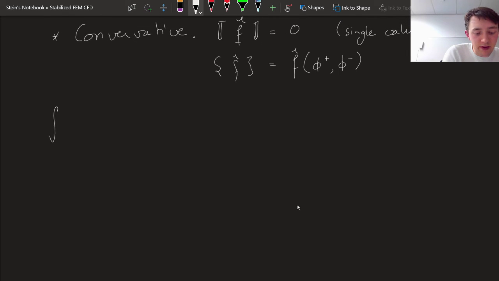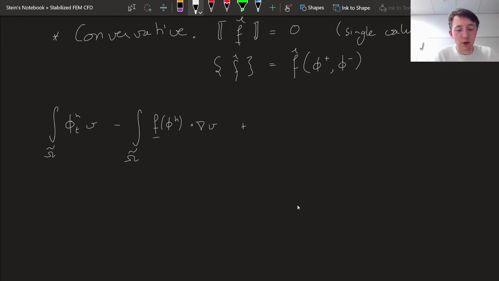So now we have, again, the integral of phi_t times v tilde, minus f dotted with the gradient of v, plus, again an integration over our broken domain, and then a single integration over our interface skeleton of our single valued numerical flux, multiplied by, or dotted with, the jump of v.